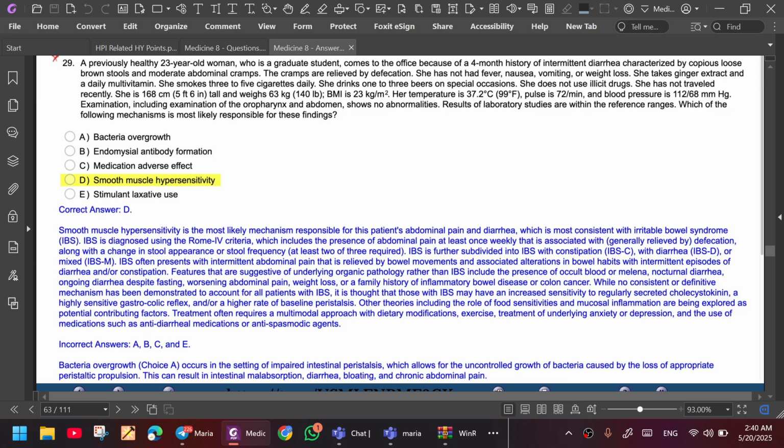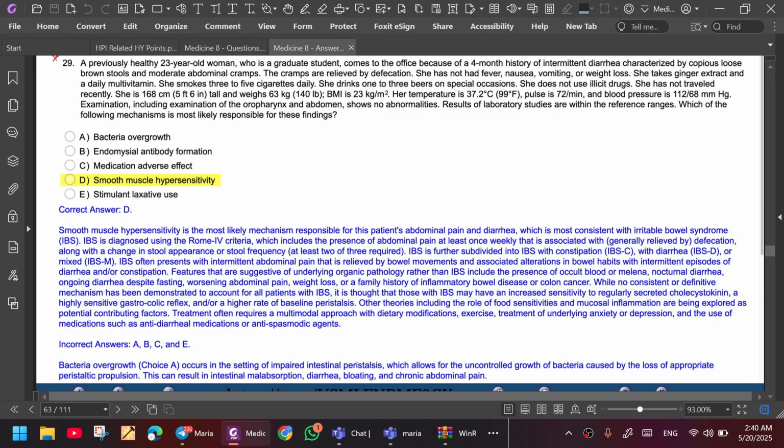Other theories, including the role of food sensitivities and mucosal inflammation, are being explored as potential contributing factors. Treatment often requires a multimodal approach with dietary modification, exercise, treatment of underlying anxiety or depression, and use of medications such as anti-diarrheal medication or antispasmodic medication.